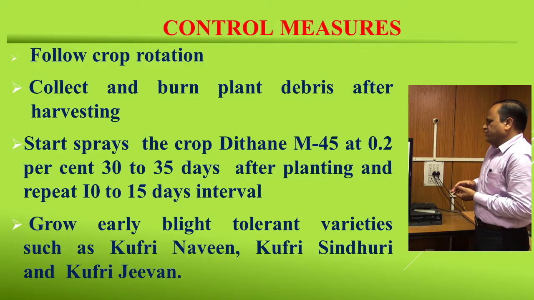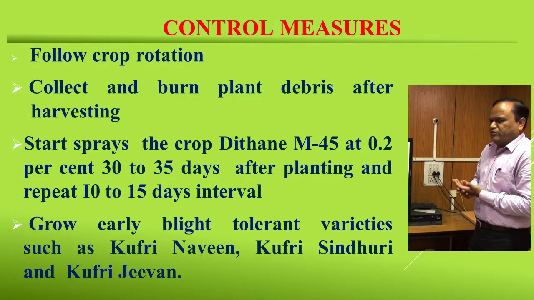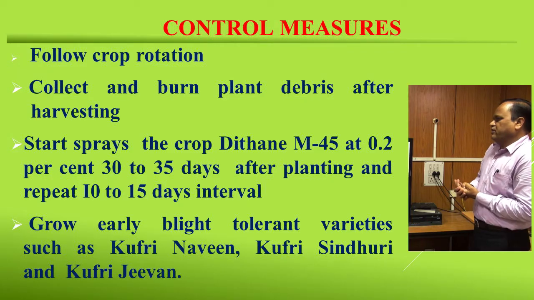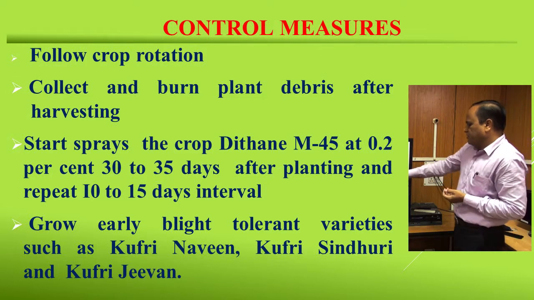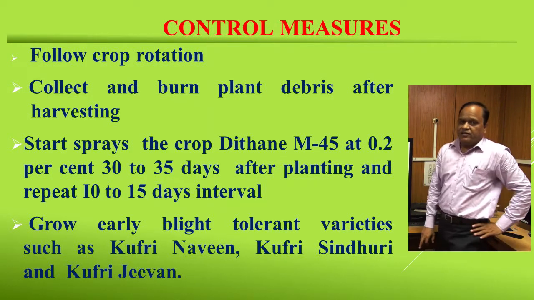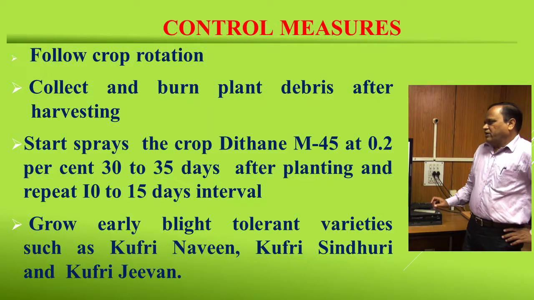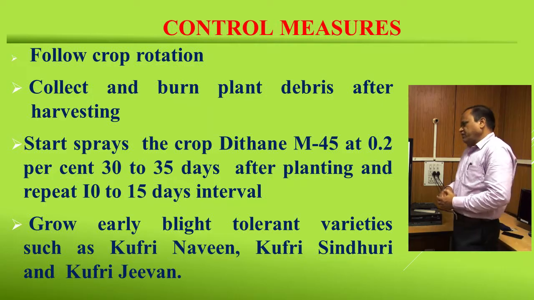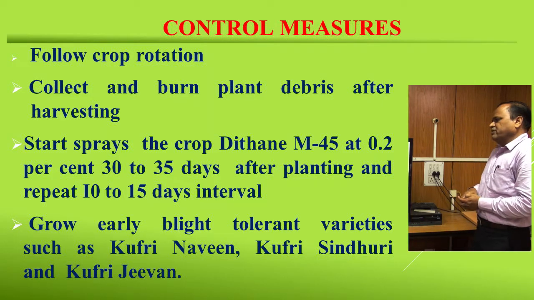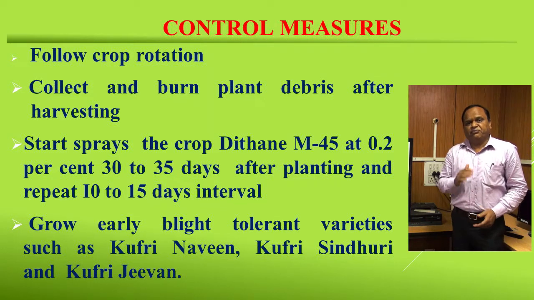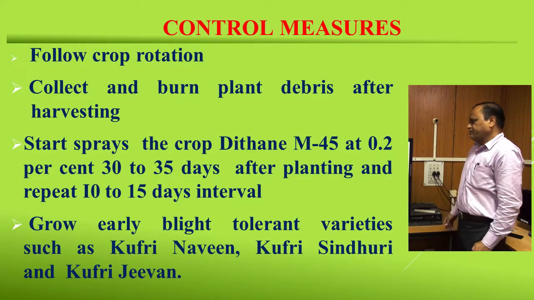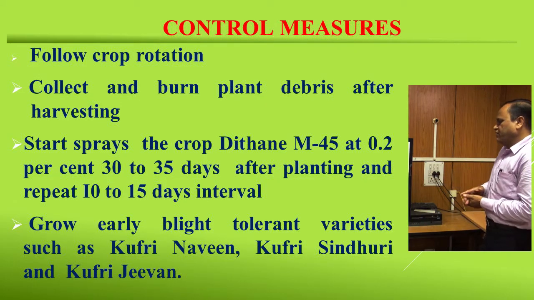Start spraying the crop with Dithane. If the disease appears in the crop field, then spray the crop with Dithane M45 at 0.2% at 30 to 35 days after planting, and repeat at 10 to 15 days interval. Grow early blight tolerant varieties.